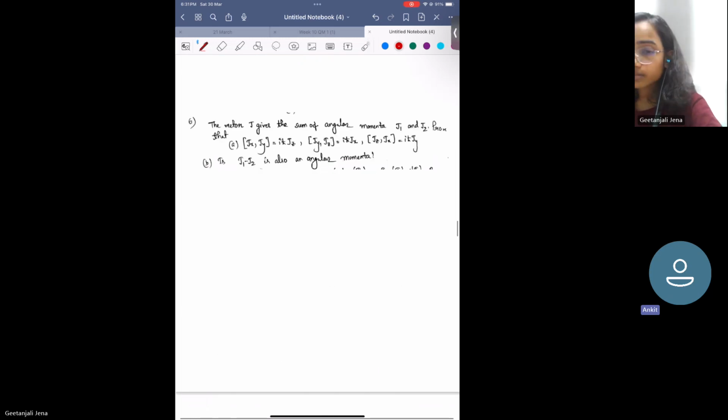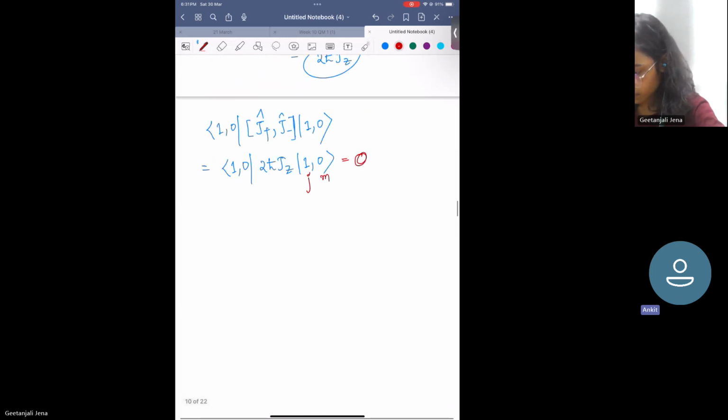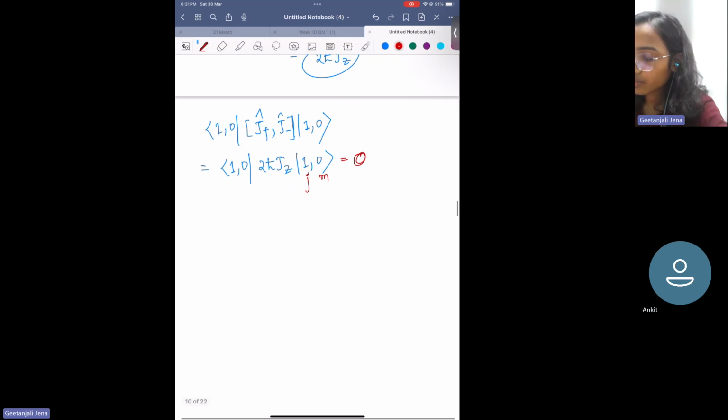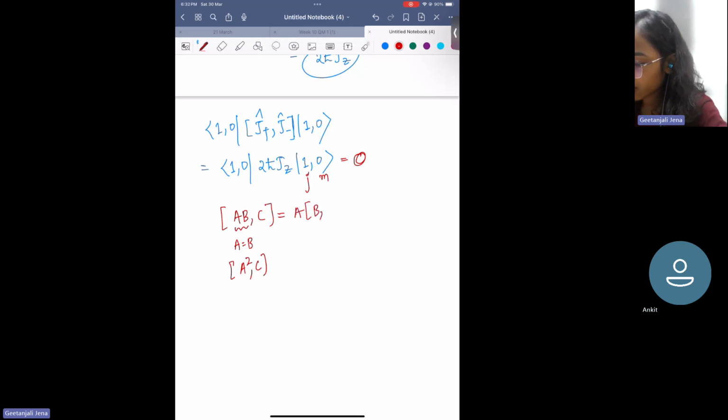Ma'am, what if there is Jz square, 1, 0, and then the commutator of Jz square and Jz? Okay, how you can solve it is, you know the properties of commutation relations: A, BC. So for square, A equal to B, right? It is A square. So that means if it is this one, you know, it is ABC plus ACB.